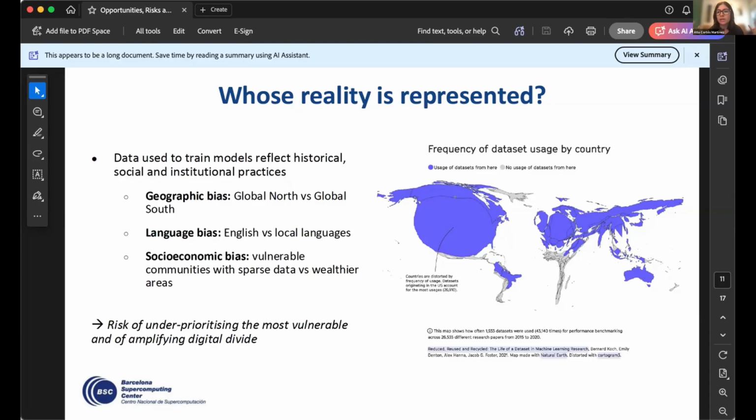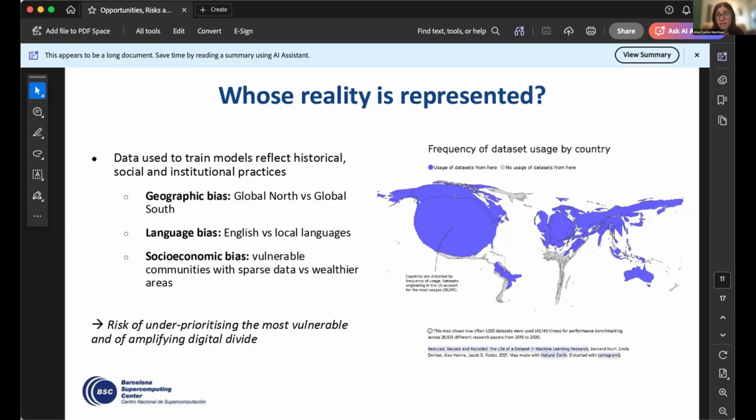The bigger the country is, the more the data sets coming from this country were used. As you can see, there are huge differences, which can cause, in the end, geographic biases. So we have an overrepresentation of the global north and an underrepresentation of the global south.